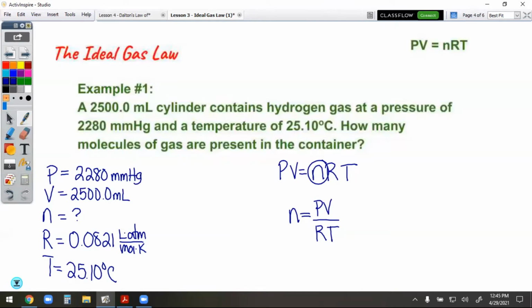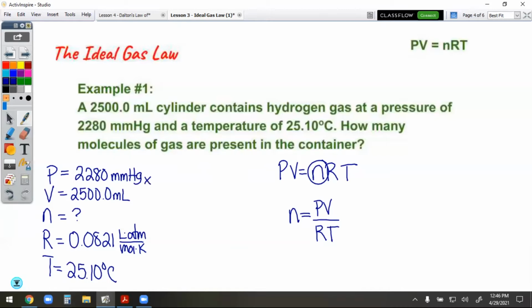So first, looking at our pressure, we're provided a pressure in the units of millimeters of mercury, but we need to be in units of atm in order to put it into our equation. So we have to convert from mmHg to atm by dividing by 760. You're going to be provided a list of these constants that would be necessary in order to do these conversions.